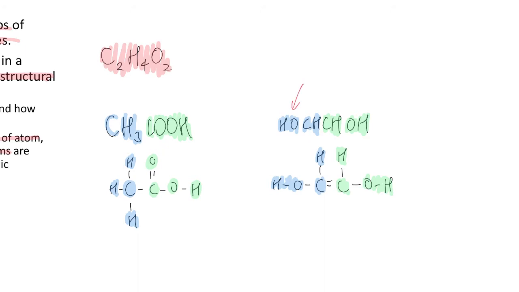But both of these structures are C2H4O2. They have the exact same molecular formula, which is why we often use the condensed structural formula to show certain ideas, because it's a lot more useful than the molecular formula. But the molecular formula does have its uses at times.